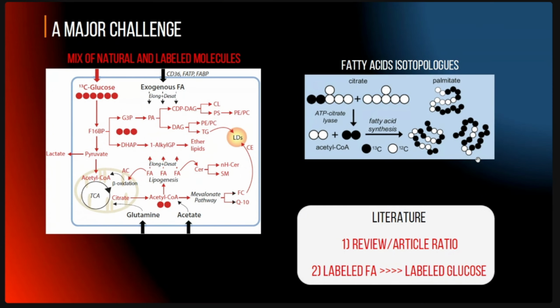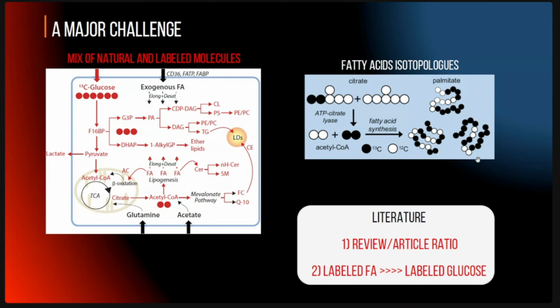In a pool of acetyl-CoA, you have both labeled pairs of carbons and also unlabeled, naturally occurring pairs of carbons. This produces a mix of fatty acid isotopologues, which can vary from 2 to 16 13C-labeled carbons. So it's very complicated and not trivial to analyze.